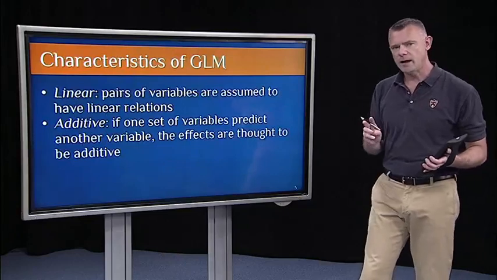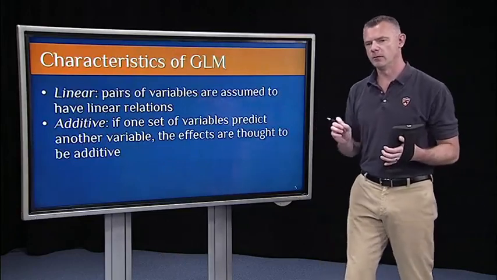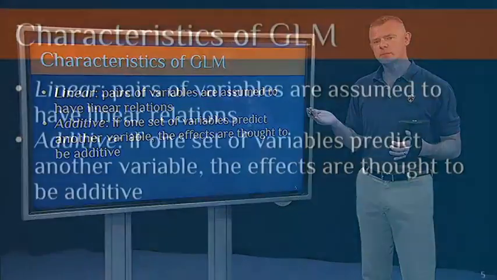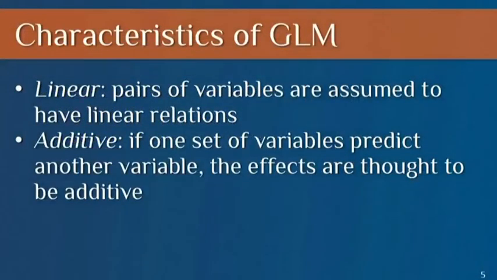So there are two main characteristics of the general linear model. One, we assume linear relationships between the predictors and the outcome measure, that is between the x's and y, and we assume that the effects of each predictor are additive with one another.